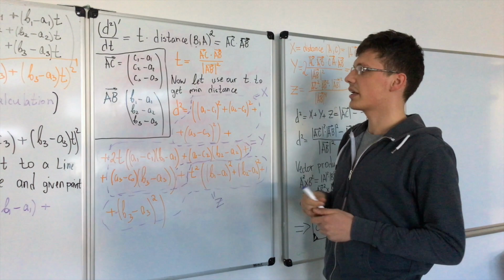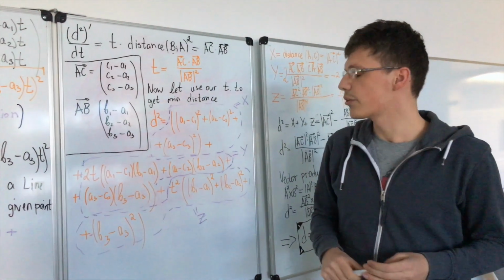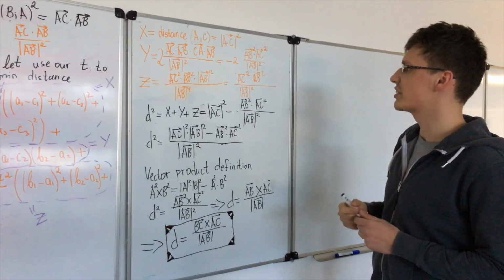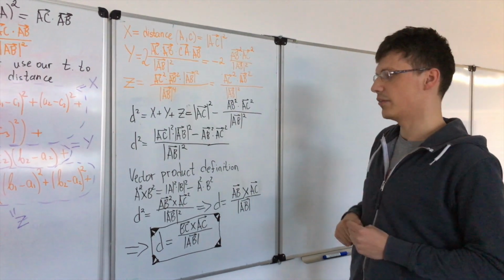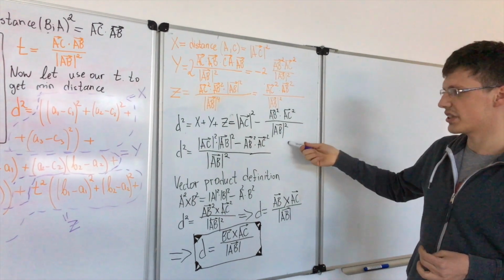As a result, we get t. Now we'll use our t to get the minimum distance from our formula, and we will get such a thing. As you can see, y plus z is minus z. So we can write that our distance is equal to such a thing.